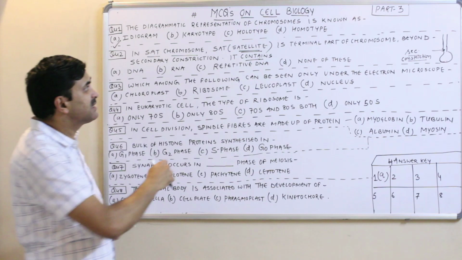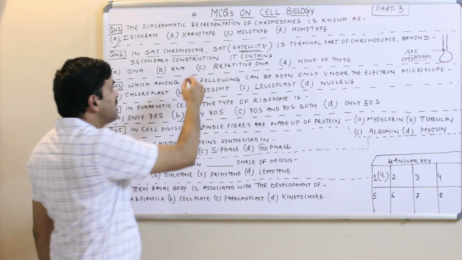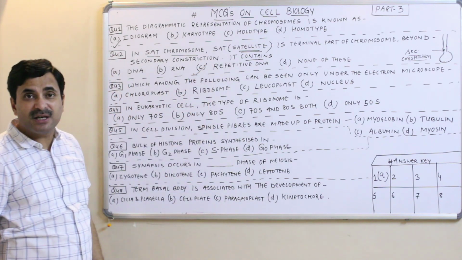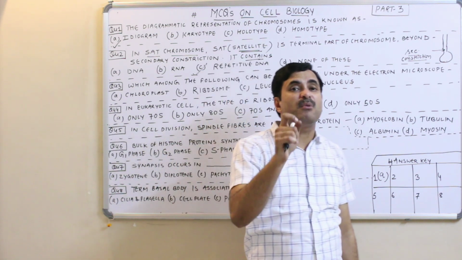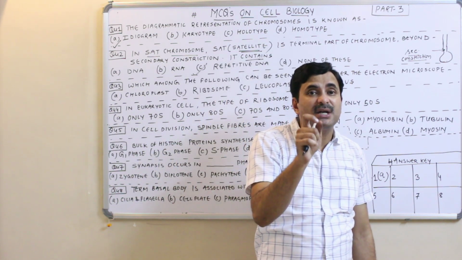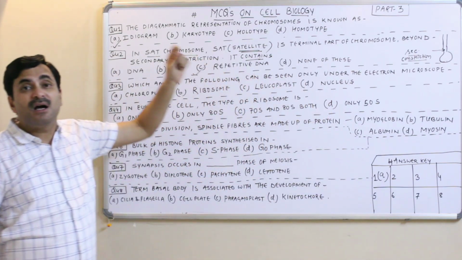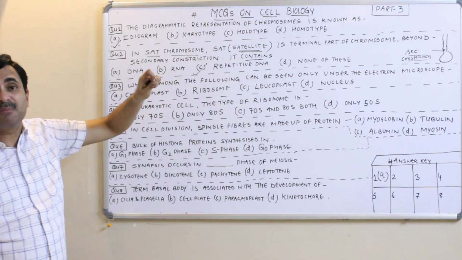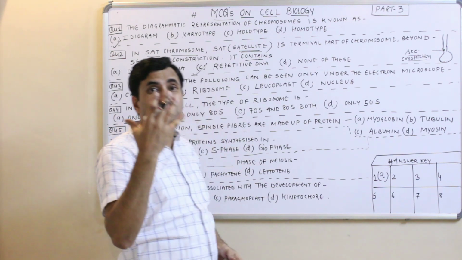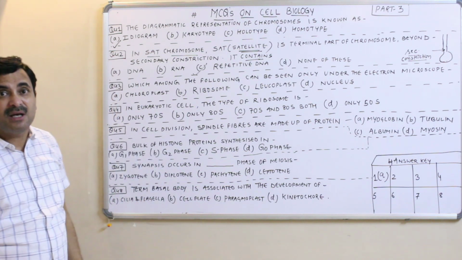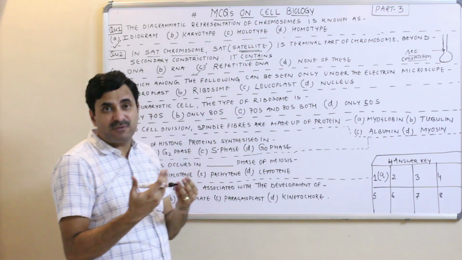So the satellite, which is the terminal part of the chromosome present beyond the secondary constriction, consists of repetitive DNA, and this repetitive DNA will play a very important role when you study DNA fingerprinting. Repetitive DNAs or satellite DNAs form the basis of DNA fingerprinting, because these repetitive DNA sequences have polymorphism in them.